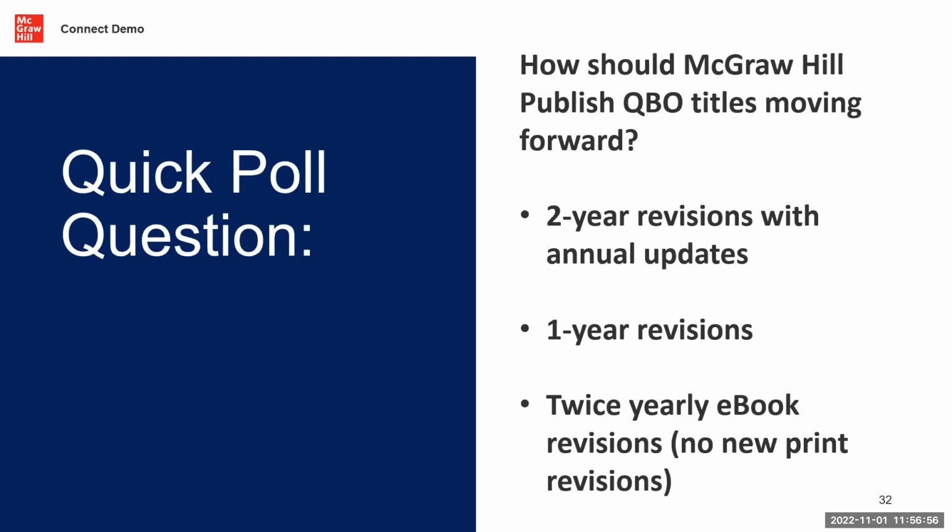What we've been finding is that by the time the book comes out, we're already behind with textbook updates on our page. Or are you comfortable with a twice yearly ebook revision and not having print revisions? Those are 3 different ways that we could do that.